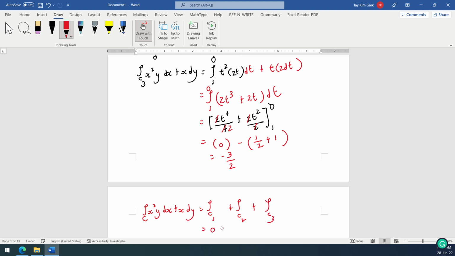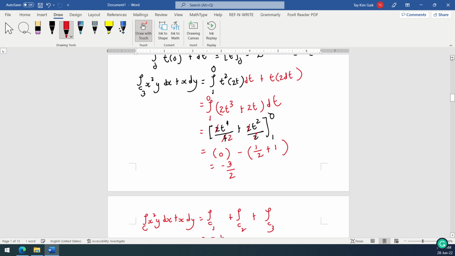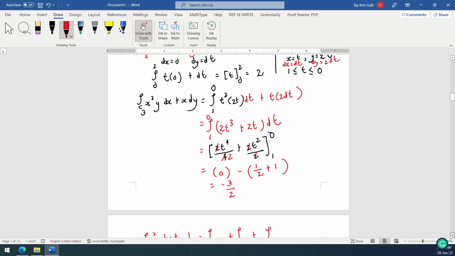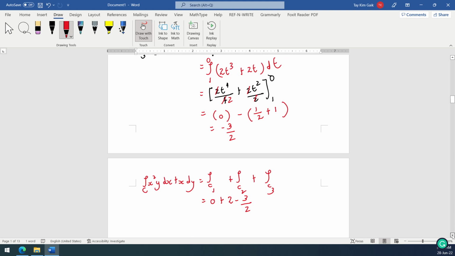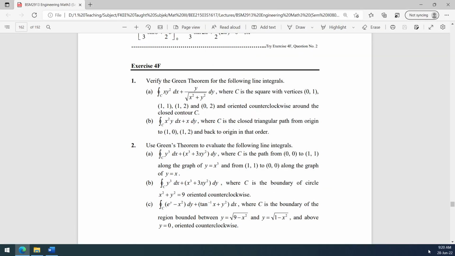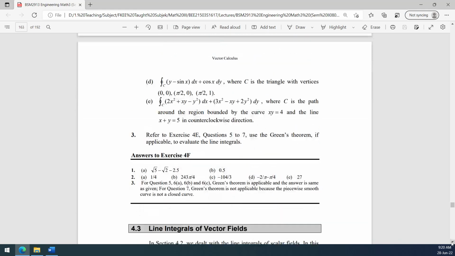C1 we obtained 0, C2 we obtained 2, and C3 is negative 3 over 2. So the answer we obtain here is a half. Okay, question 1b, the answer is a half.